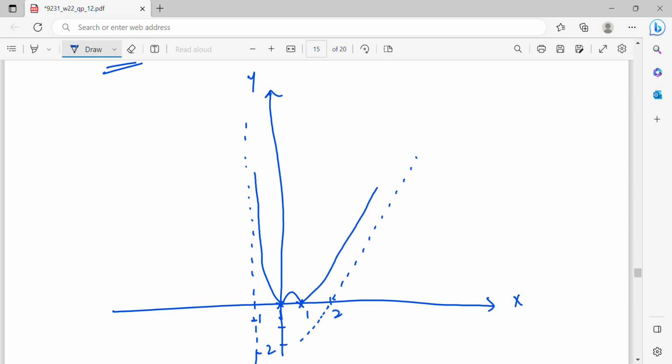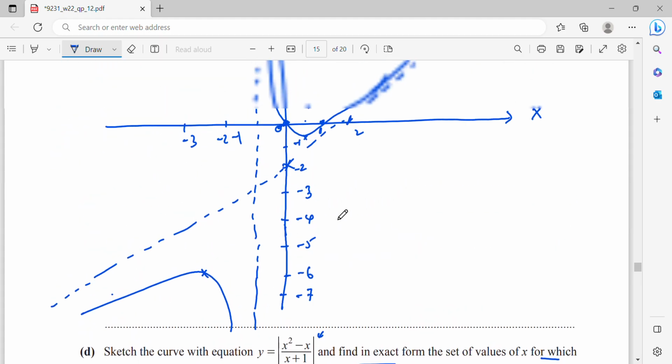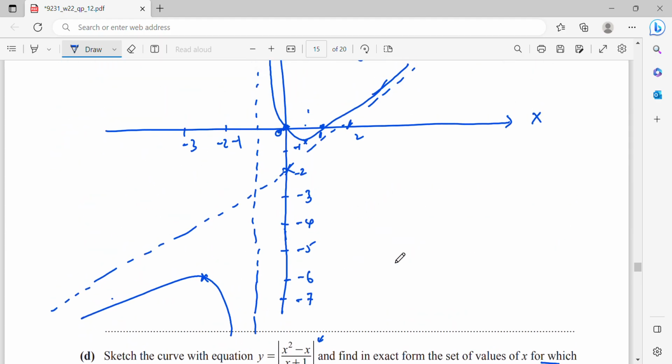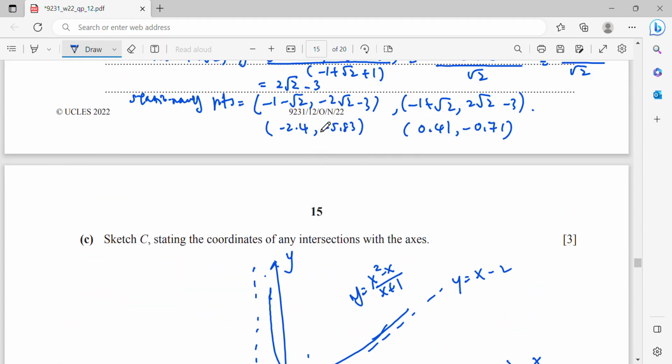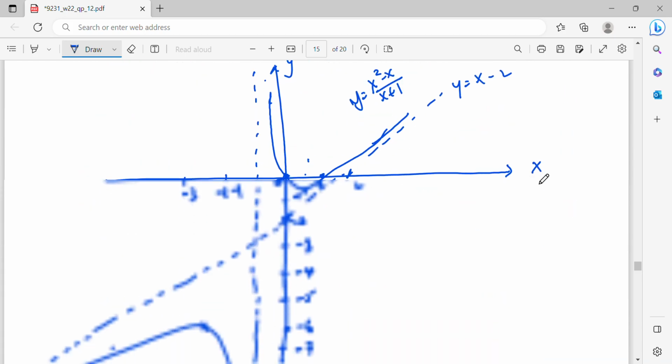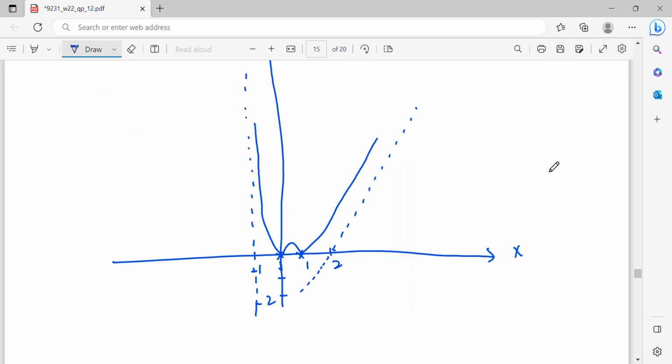Okay, and then another graph is at this point, when x is minus 2.4 and y is negative 5.83. So minus 2.4 is somewhere here. This is minus 1, minus 2, here minus 3. And 5.83, so we flip: 1, 2, 3, 4, 5, 6.